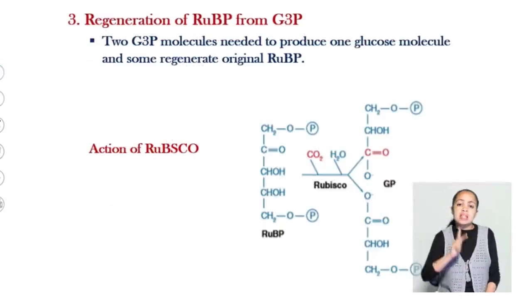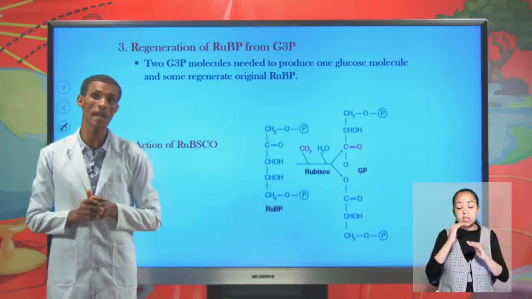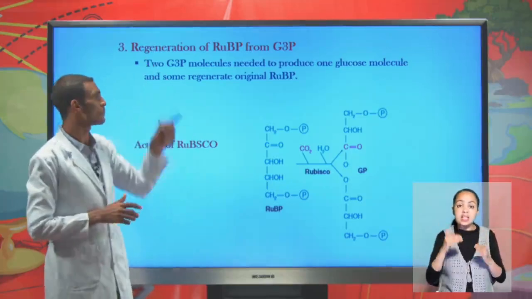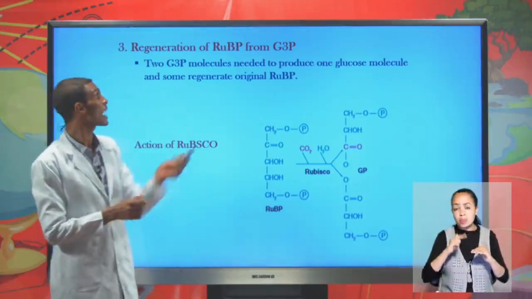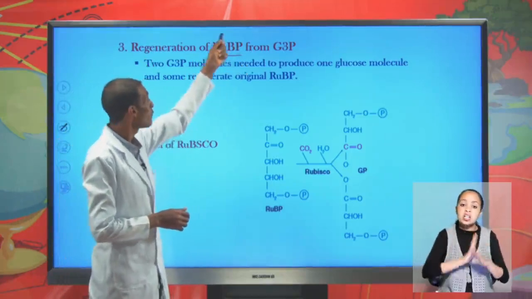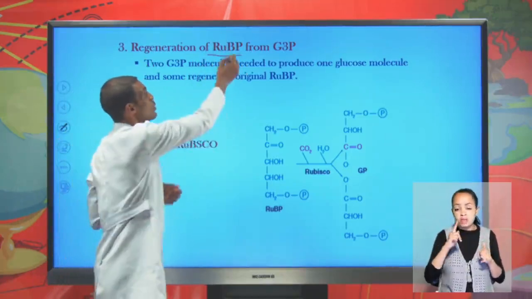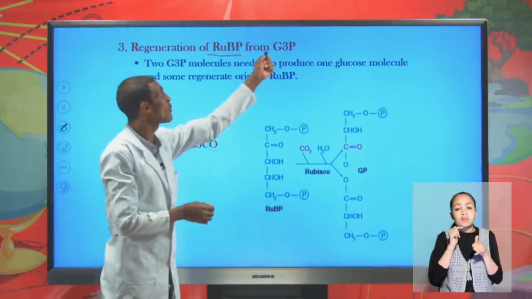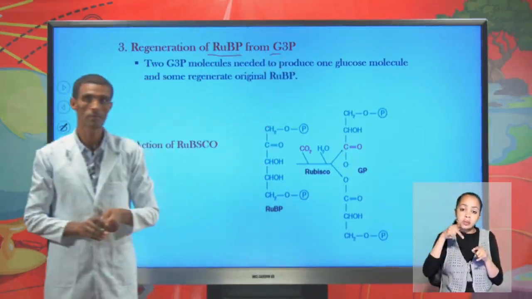The third most important step of the Calvin cycle is the regeneration step. This regeneration is involved in regenerating ribulose bisphosphate, the immediate carbon-5 molecule, from glycerate-3-phosphate.